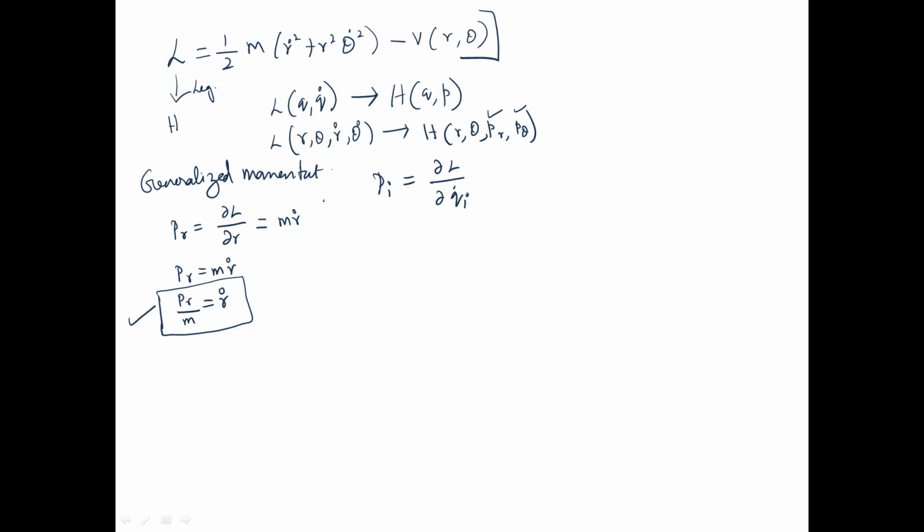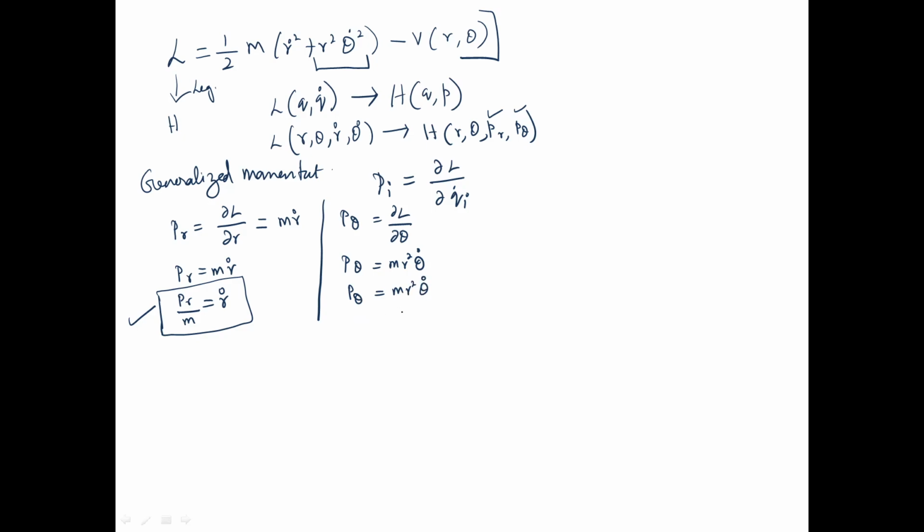Similarly for theta, p theta equal to dou L by dou theta dot. We can write p theta equal to m r square theta dot, since only the theta dot term is present here.